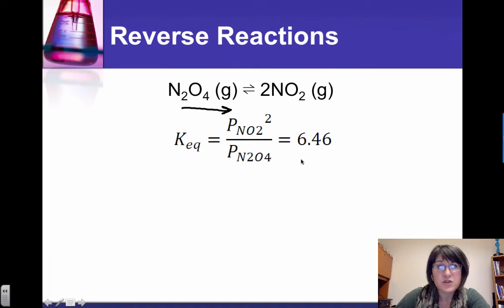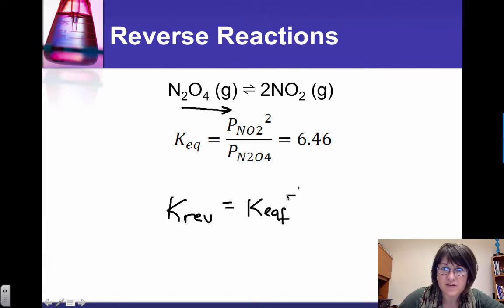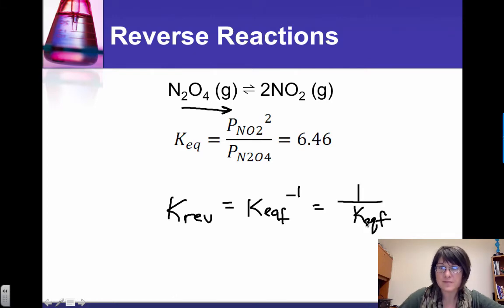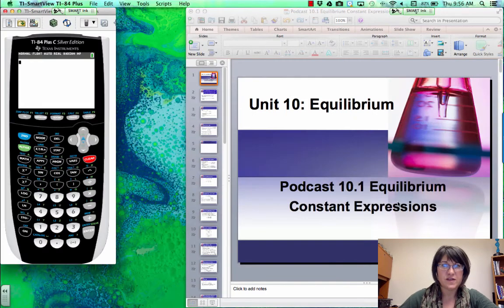So to determine the equilibrium constant in the reverse reaction, I'm going to take my KEQ for the forward reaction and raise it to the power of -1, which is basically the same thing as taking the reciprocal of that fraction, right? So let me get my calculator and find the inverse of 6.46.